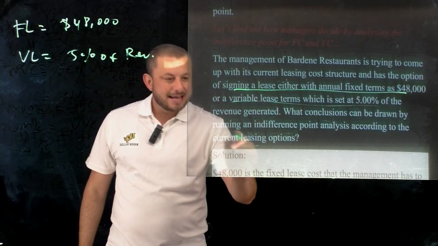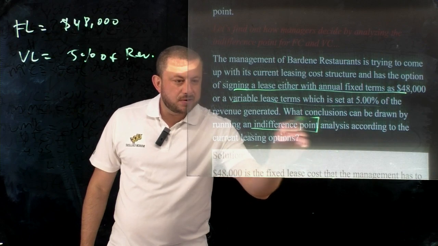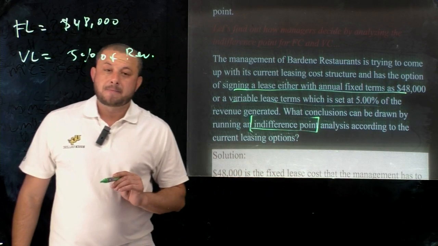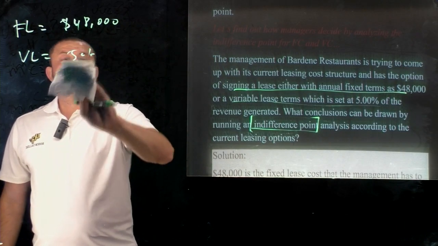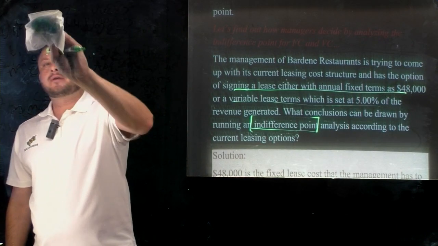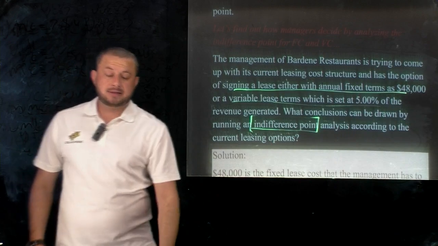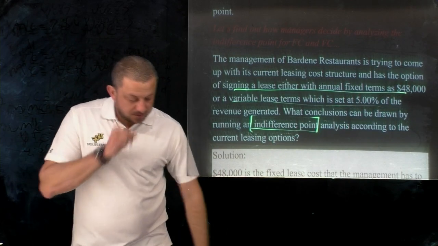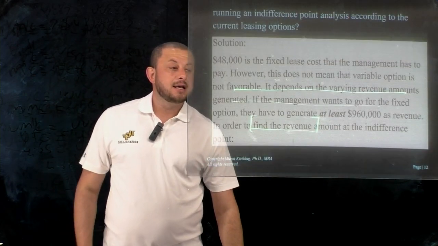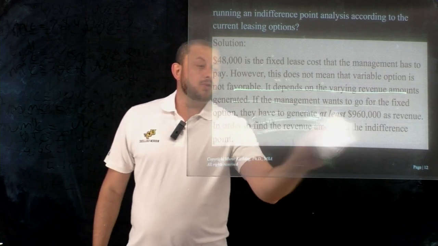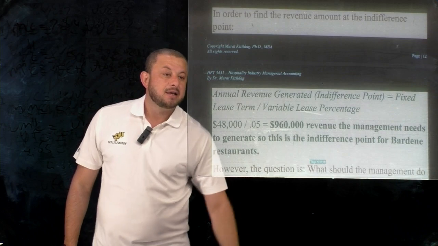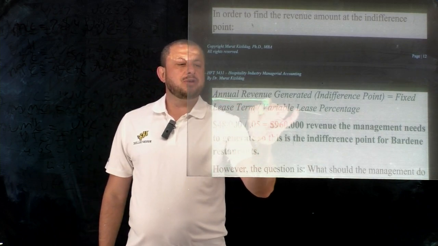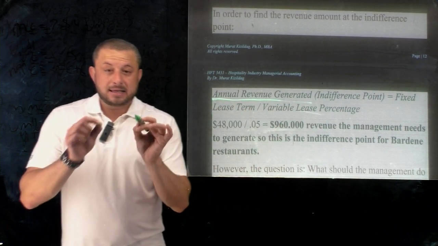You're going to utilize an indifference point analysis. Very simple yet very important. Indifference point analysis is how to come up with the right, accurate, and financially healthy decision. What we have to do, guys, is find the annual revenue generated as the indifference point.